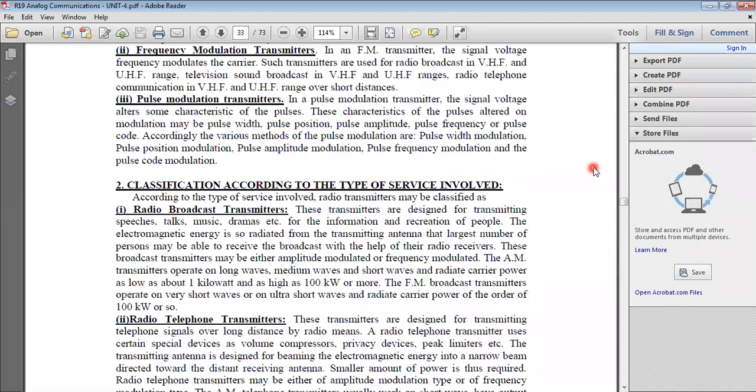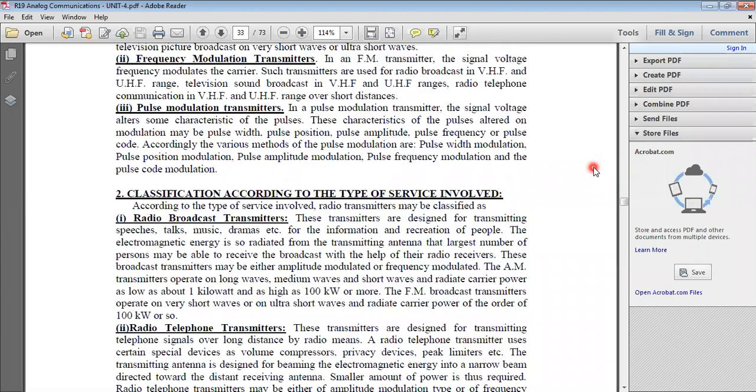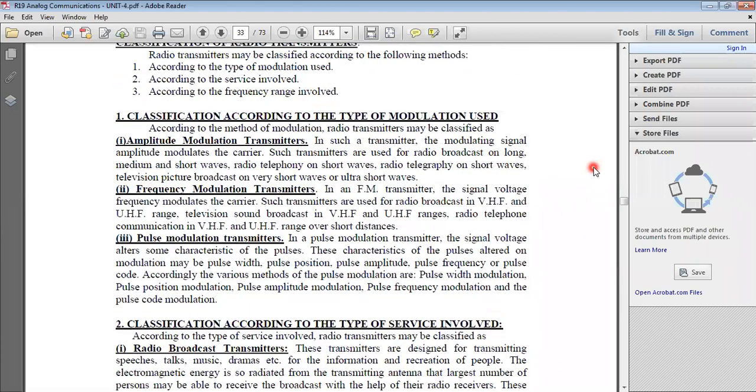Now put aside a heading: first, classification according to the type of modulation used. Again, this is classified into three types: AM transmitters, FM transmitters, and PM transmitters.